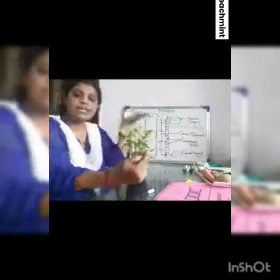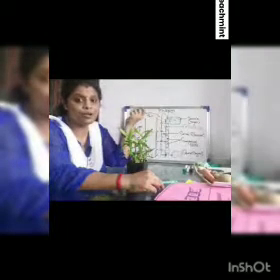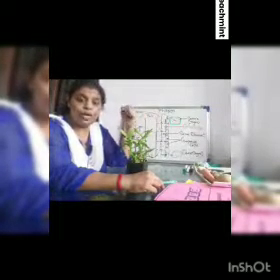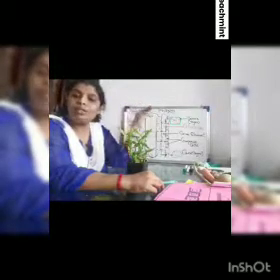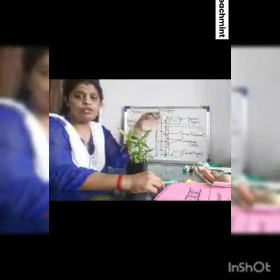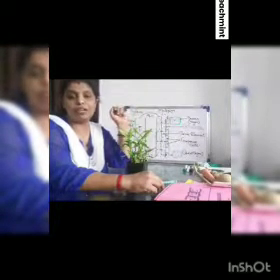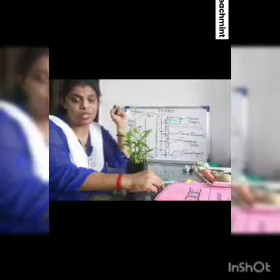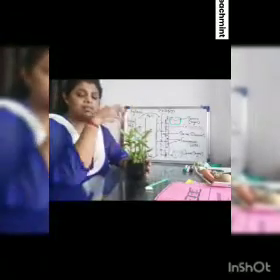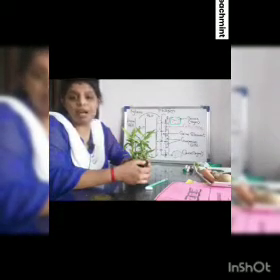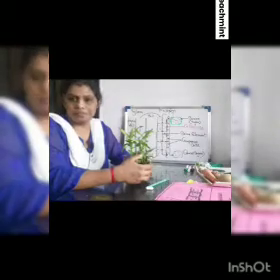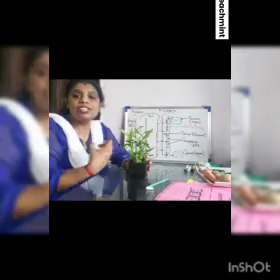Now, if this water is continuously getting lost, it may damage the plants. Yes or no? So what will the plants do? Because the water is lost in the form of vapor, to control and manage that loss, the cells, the tissues, the vascular tissues of the plant create pressure. This pressure is called suction pressure.